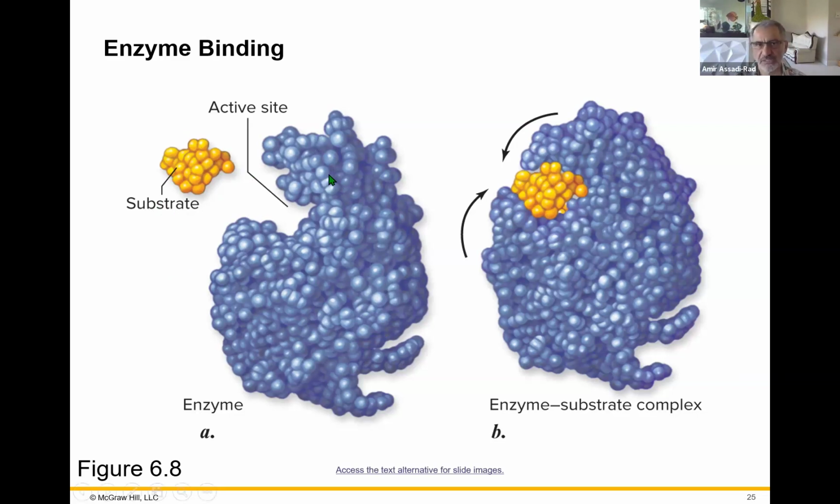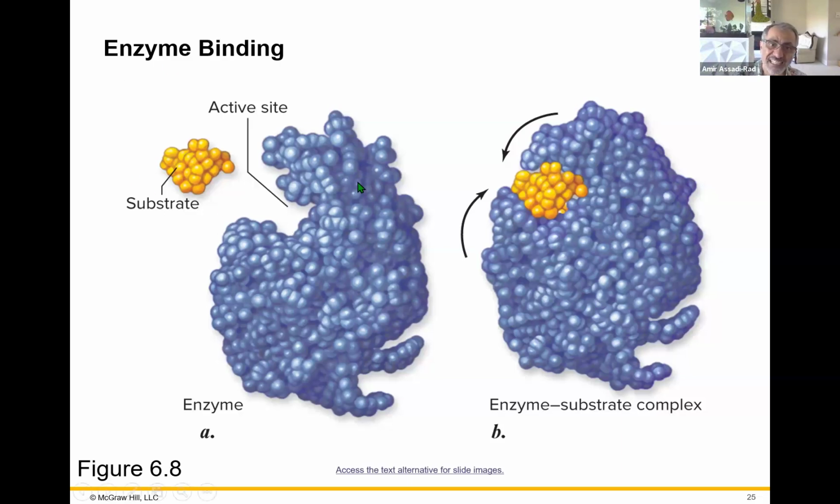This enzyme is going to act on this substrate. Every enzyme and every substrate are specific. We do not have one enzyme for every chemical reaction in our body. We have thousands and millions of enzymes in our body. Do I make sense? I hope.